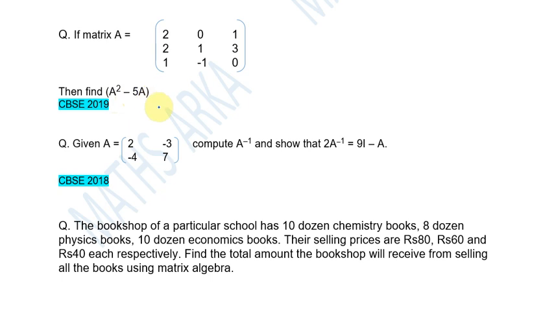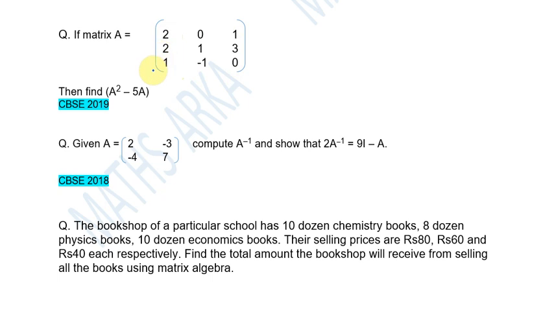A square you get by multiplying A into A, the matrix with itself. Then 5A is scalar multiplication, where you multiply the matrix A with 5, so the scalar 5 is multiplied with each of the elements all over the matrix.